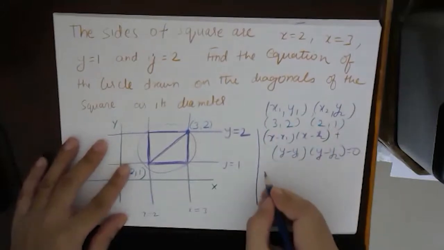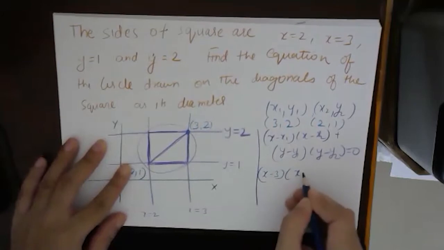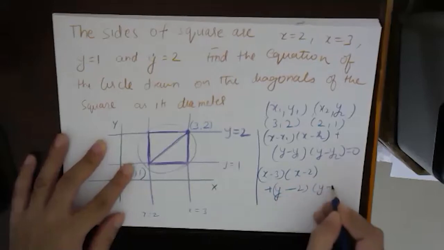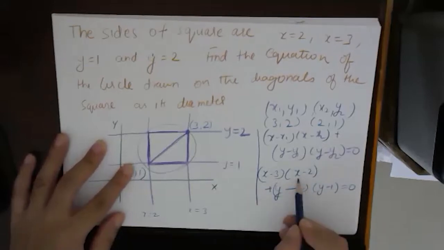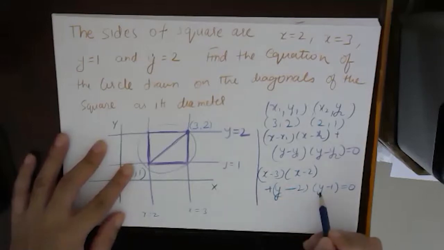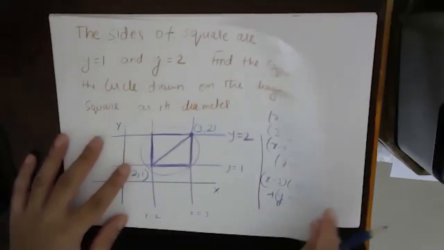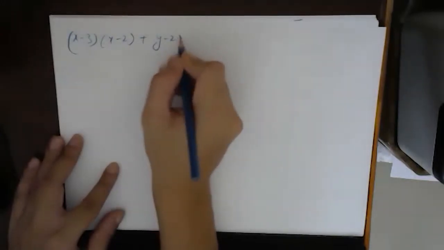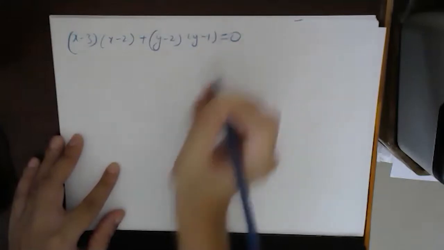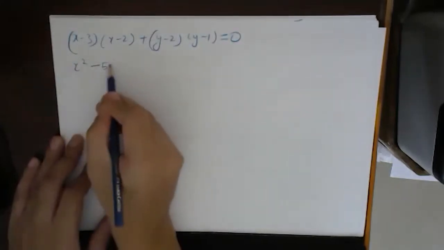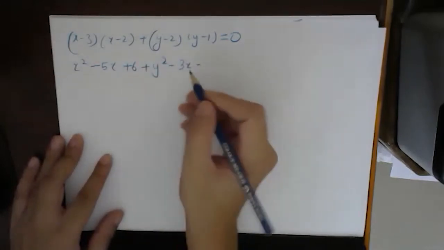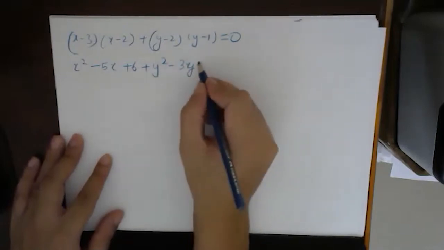So I just substitute: (x minus 3)(x minus 2) plus (y minus 2)(y minus 1) equals 0. If I solve this, it becomes x square minus 5x plus 6 plus y square minus 3y plus 2 equals 0.